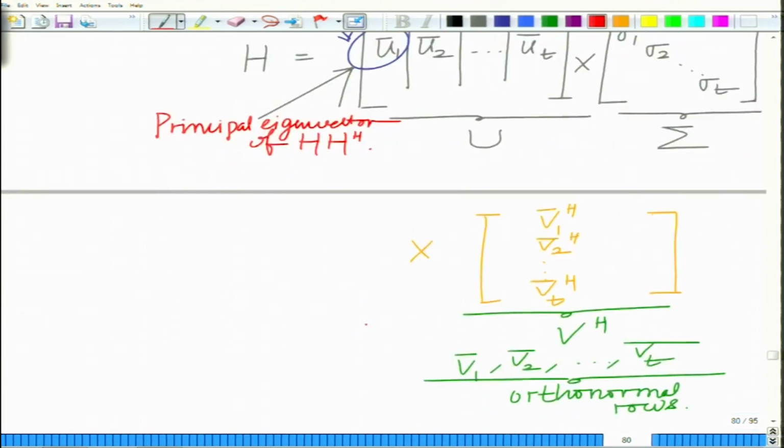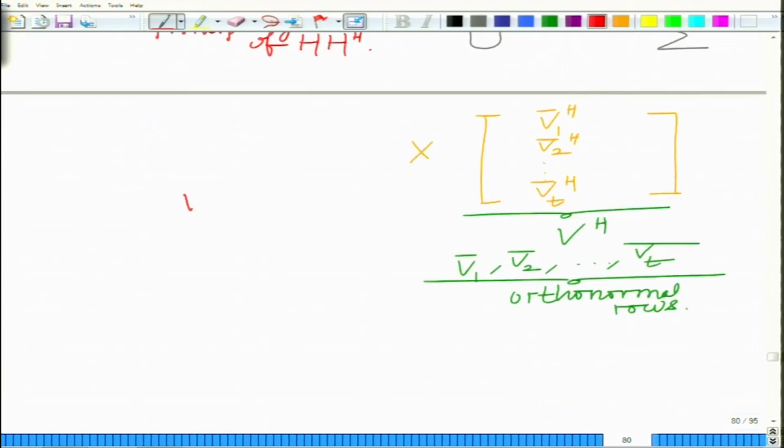And V1 bar is the optimal transmit beamformer, that is, it maximizes the gain.